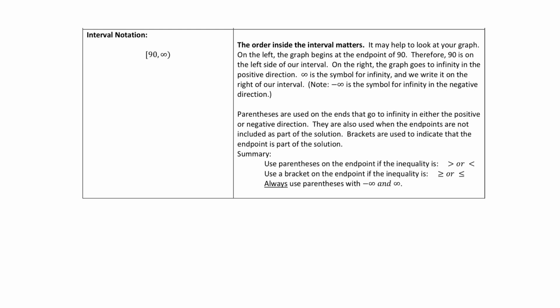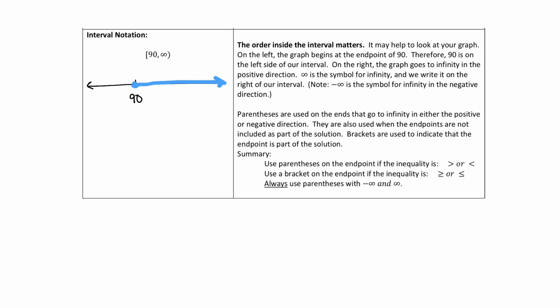So it's the interval that represents your answer, the interval of all numbers that need to be included in your answer. Here's 90, and it was a closed circle at 90, and then the line goes to the right.